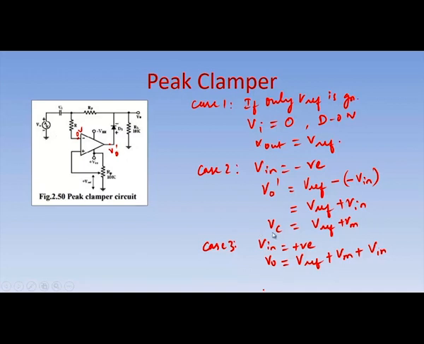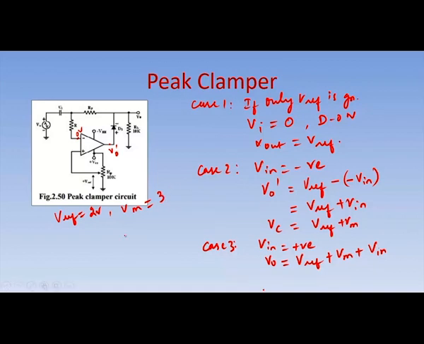So, these are the cases for which we have seen the output of the operational amplifier as well as the output of the circuit, the peak clamper. So, you can give some values so that you can draw the output waveform for the clamper. Take V reference as 2 volts and input voltage Vm is actually -3 to +3.